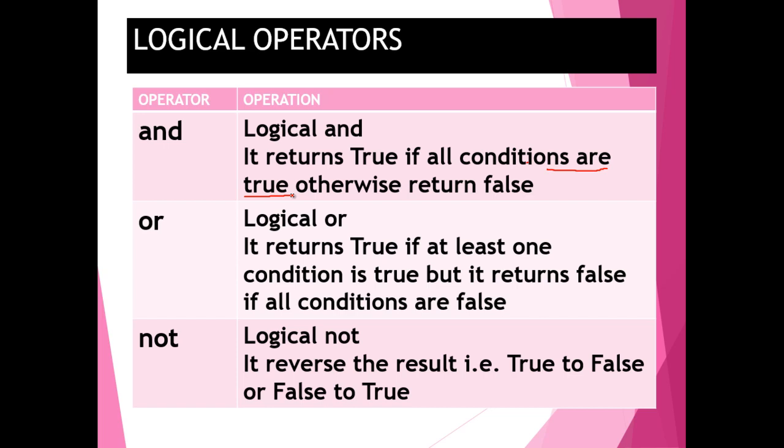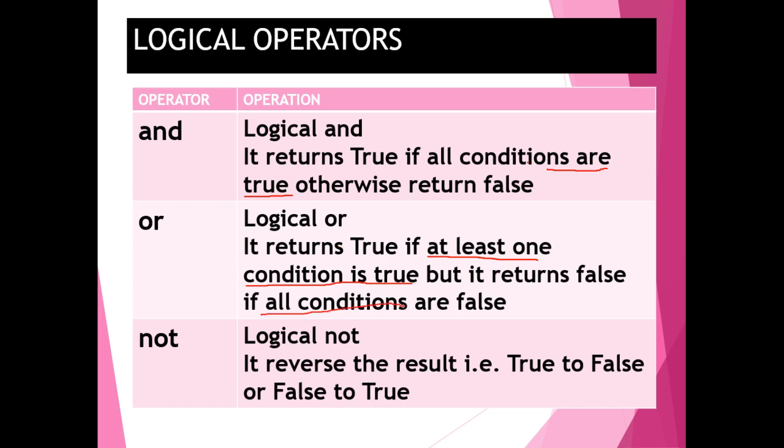And what about the OR? OR is also used in between multiple conditions, but in case of OR, if at least one condition is true, we get the result as true. OR gives the false result only when all the conditions are false.